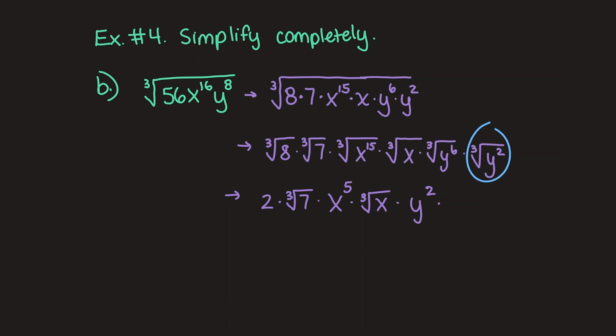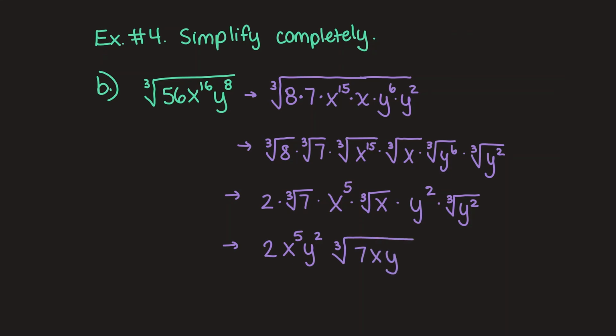And then the cube root of y squared is already simplified. And we can rewrite this so that our non-radicals are written first, and then using the product rule, we can write the radicals as 1. Therefore, our expression simplifies to 2x to the 5th y squared times the cube root of 7xy squared.